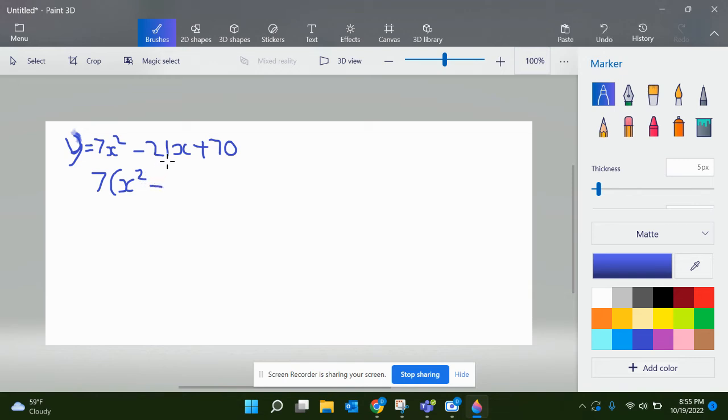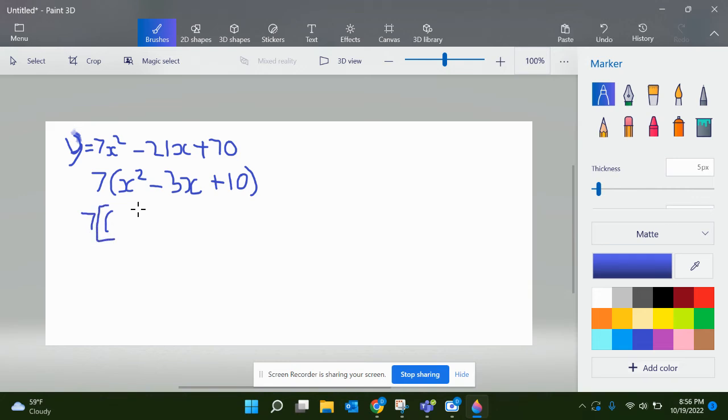Out of the second, I'm left with the 3x. Okay, and out of the third, I'm left with a 10.